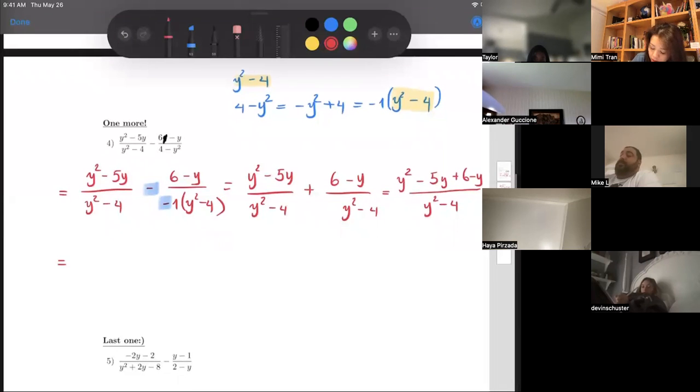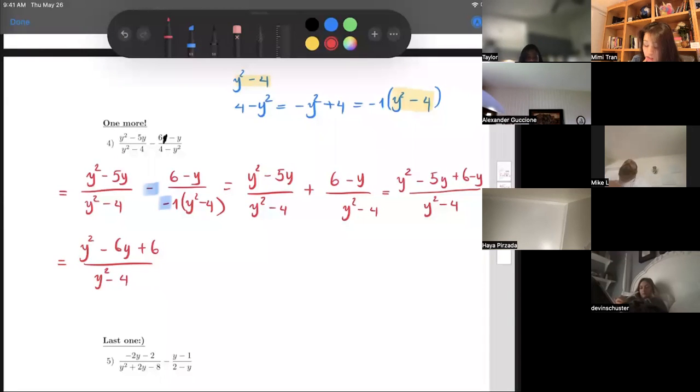Combine like terms, I have y squared minus 6y plus 6 over y squared minus 4. Something is wrong with this problem because I made a mistake in the beginning. I don't know if it's 6 minus y or y minus 6. I have no idea, but I think it's y minus 6.